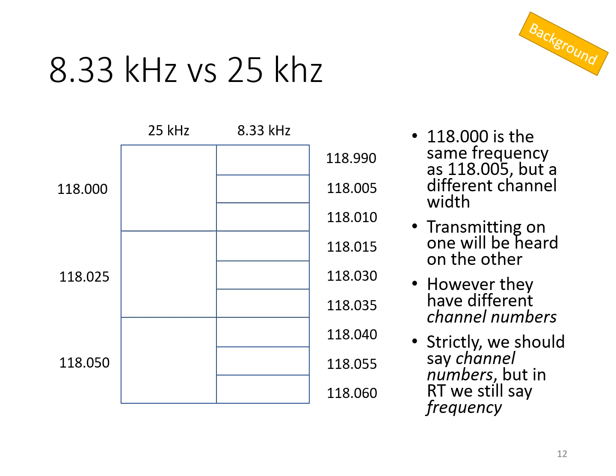It's worth noting that there are a few 25 kHz frequencies left. The emergency frequency 121.5 is 1. Also that, as can be seen from the diagram, the 25 kHz frequency 118.0 is exactly the same frequency as the channel 118.005, and so on.